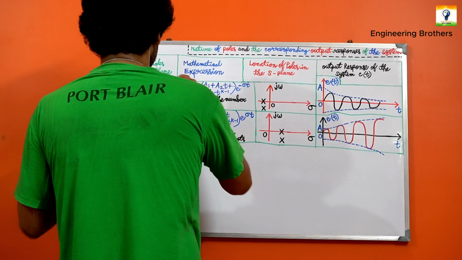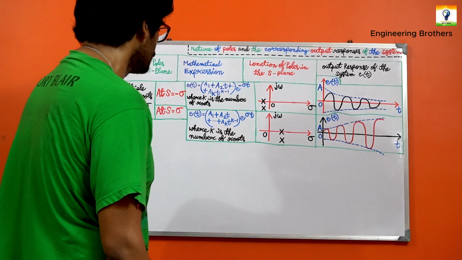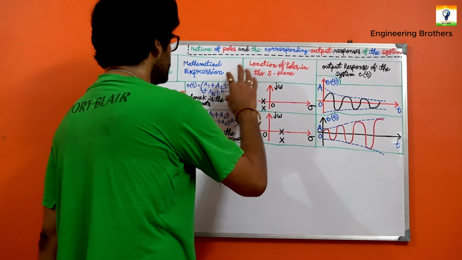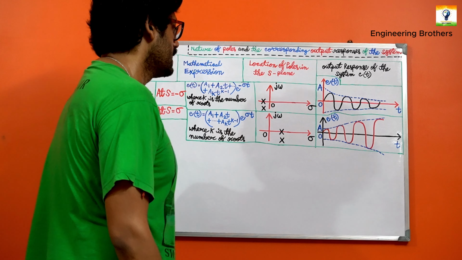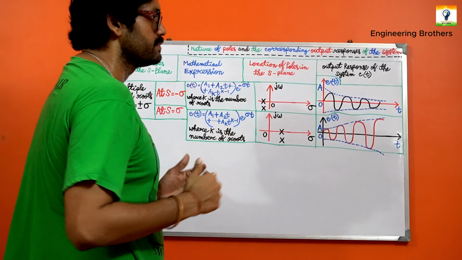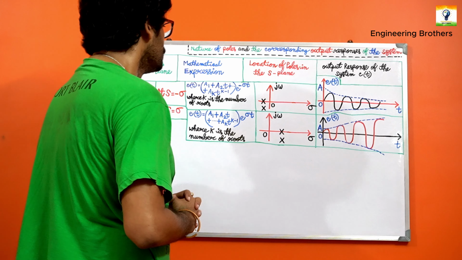But this is our upper consideration. Now I want to repeat this once again. For s equal to minus sigma, the mathematical equation will be this one, and I no longer need to repeat the same steps, as I have already given you all those crucial steps.